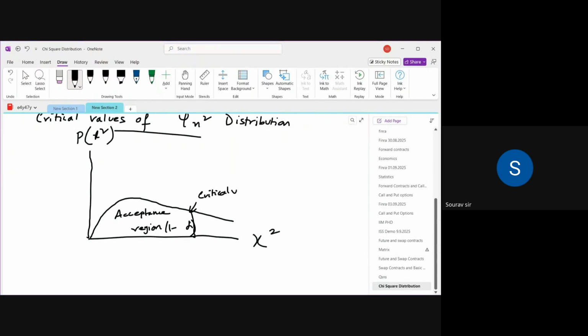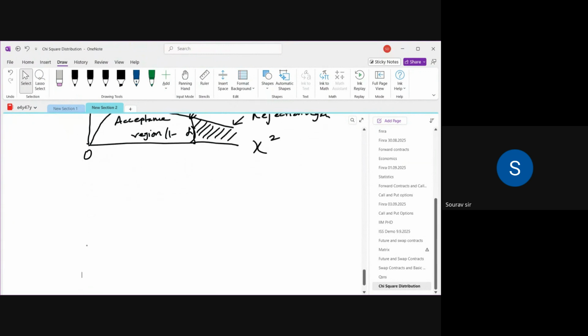This is the critical value, and this part is the rejection region. This is 0.